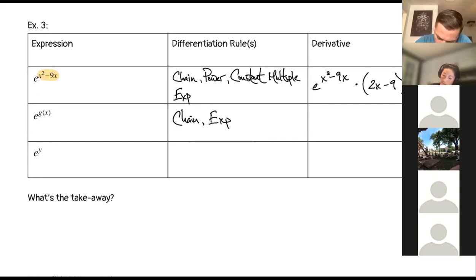Good, right? It's so similar to what we have up here, except instead of x squared minus 9x, I just said there's some function up there. I don't know what it is, but there is one there. And so when I take that derivative, I'm going to need to compensate for that by using the chain rule, okay?